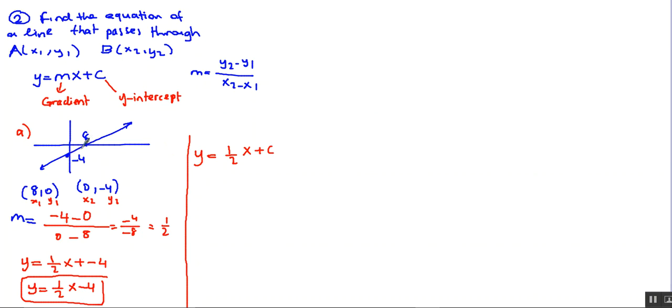So I will pick up one of these points. Since this line is passing through these points, if I substitute these points on this line, it has to satisfy the equation. For example, let's take the first point, 8, 0. So this line is passing through this point. Then it has to satisfy.